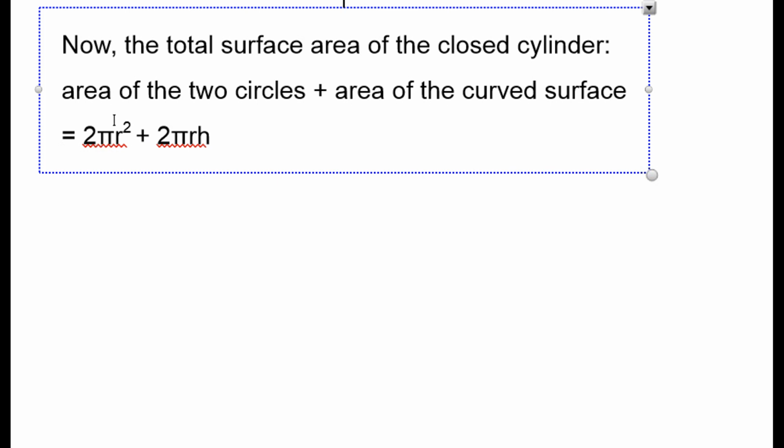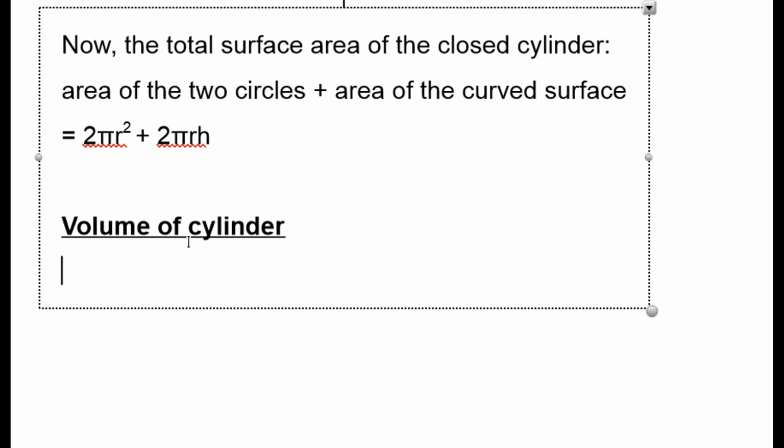If you have the two circles open, the whole of this one will be 0. So we are left with this alone. But for two closed circles, we have this. This is the total surface area of the cylinder. So this is how we calculate the total surface area of a cylinder.